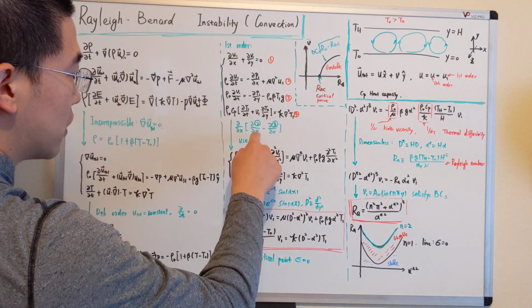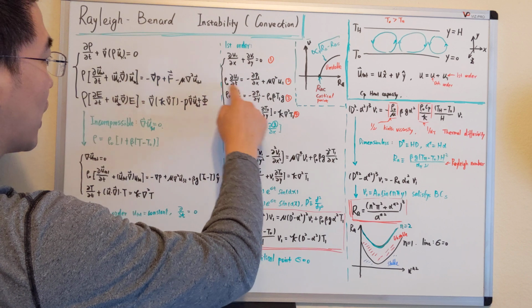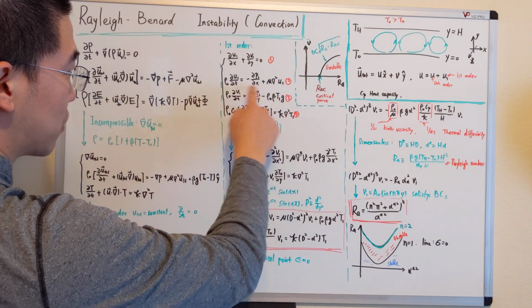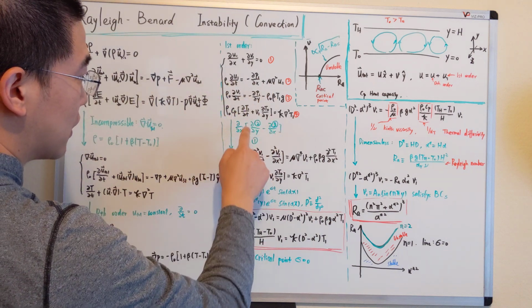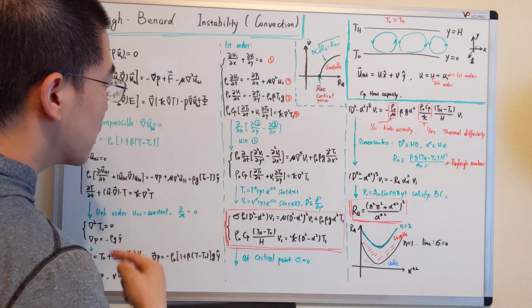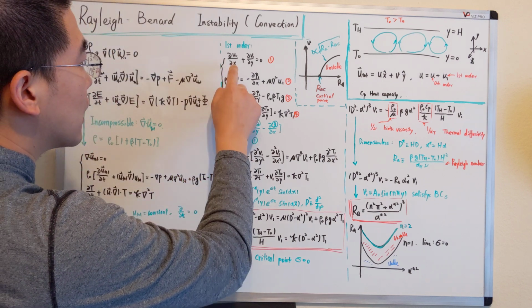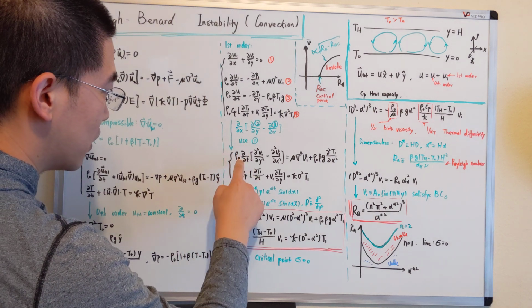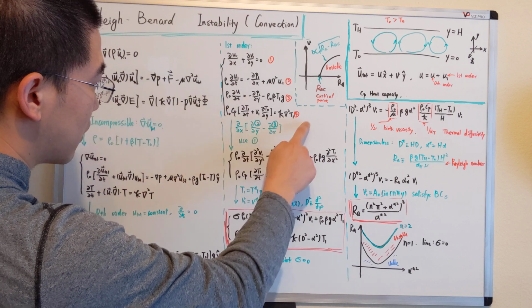You take the derivative with respect to y on this equation, the derivative with respect to x on equation 3, then subtract, then take the derivative with respect to x of the whole thing, and utilize the continuity equation.